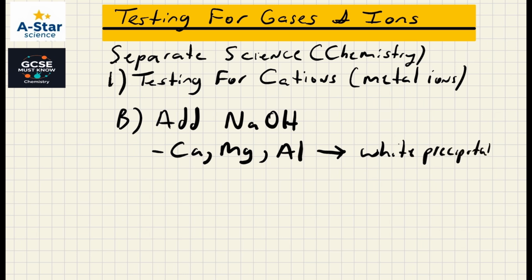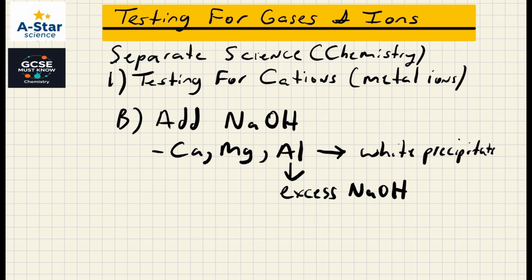So this can be helpful because we said that the calcium gives a specific color flame. And so if it also gives a white precipitate, then that's a positive test. You can distinguish between the two by using excess sodium hydroxide, and that will dissolve the white precipitate if aluminium is present. It won't do that for calcium and magnesium.